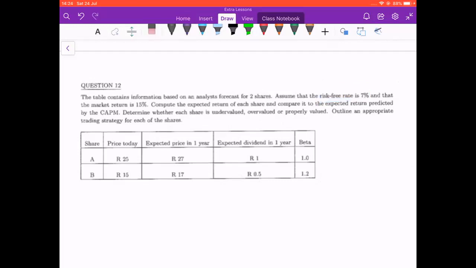The risk-free rate is 7%, and the market return is 15%. Compute the expected return for each share and compare it to the expected return predicted by CAPM. So I guess this is the question, compute.